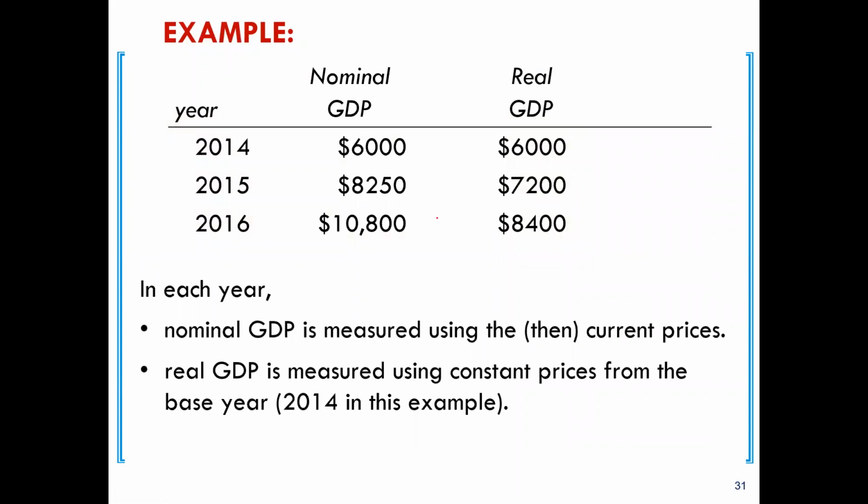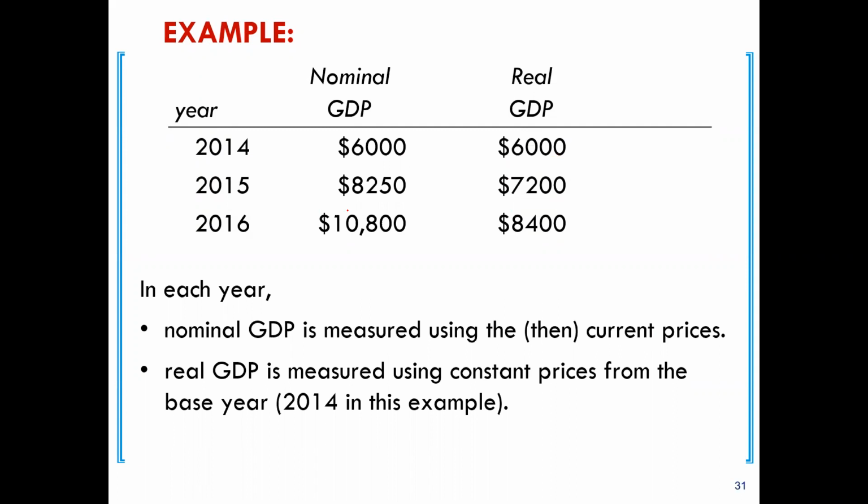Now, in this table, we compare the values we've obtained for nominal GDP and real GDP, and we can see the differences based on the different approaches we used in computing them. In 2014, real GDP and nominal GDP were the same.